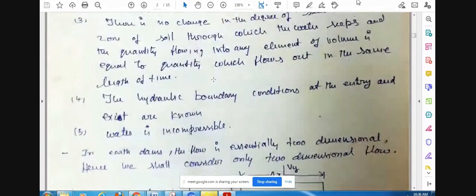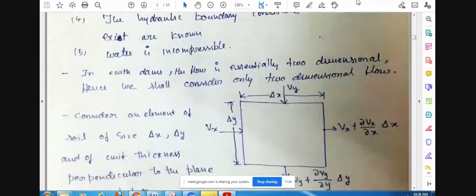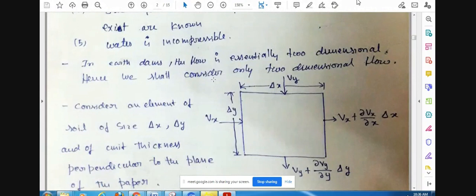Right, now let us see how we calculate the seepage from upstream to downstream, either through the body or through the foundation. Let us consider a small element. The size of the element is delta x in the x direction and delta y in the y direction, and perpendicular to the screen it is one unit.